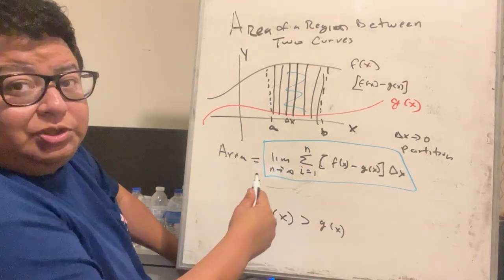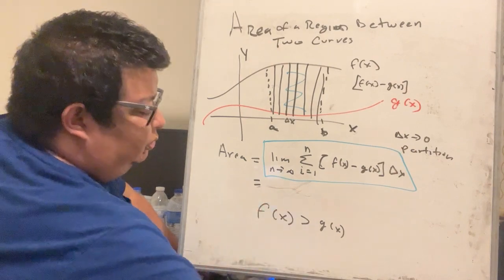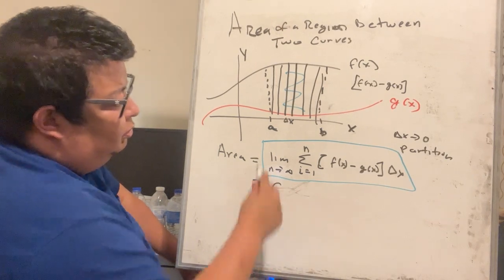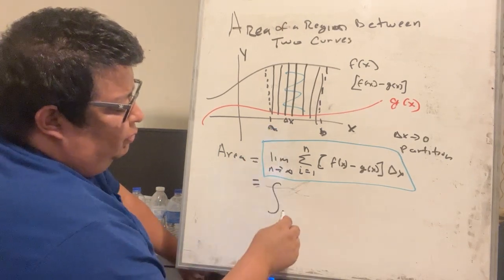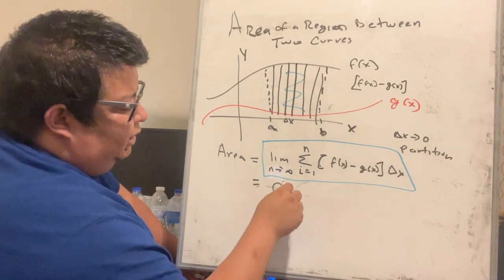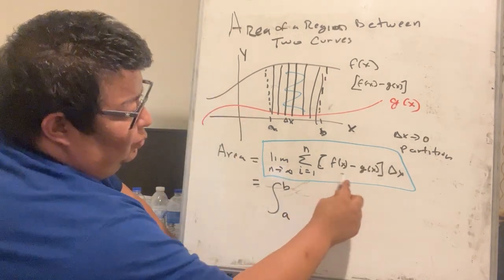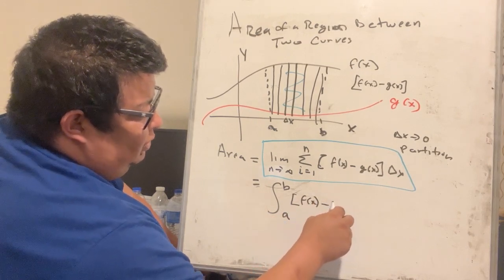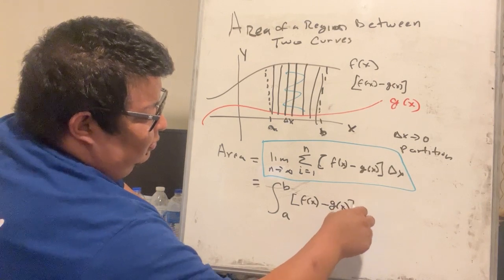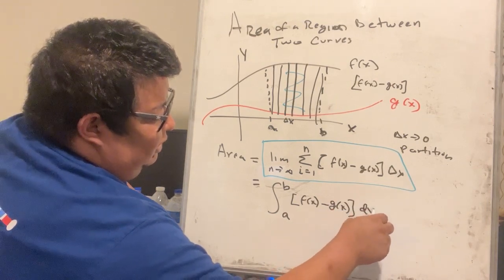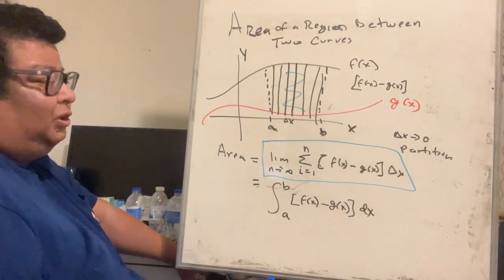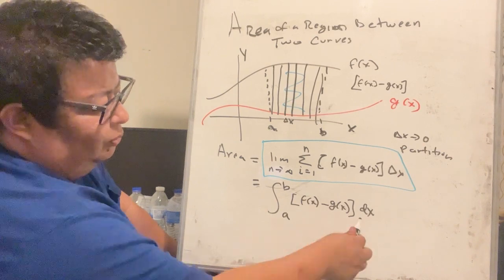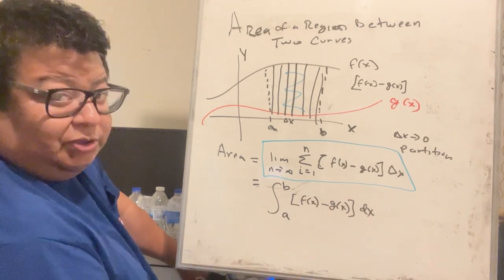Instead of working with sums, we can work with integrals, and we can let this sum equal the integral from a to b of f of x minus g of x dx. Notice here we're integrating with respect to x, with dx.